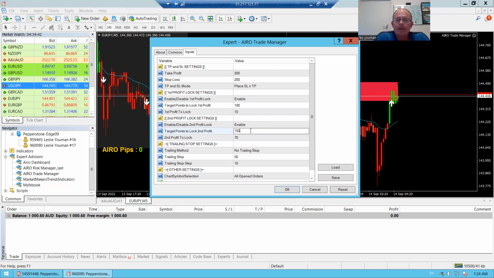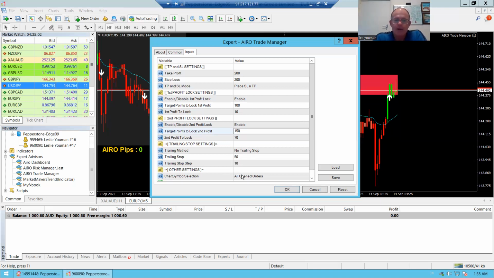Sure, you take profit, but this way you're keeping the stop loss as far away as possible from the market and decreasing the chance of it getting tapped out, but also locking in some profit. But then you can also set a trailing stop loss there as well. You can have this set to work on all open orders or only on this current chart.